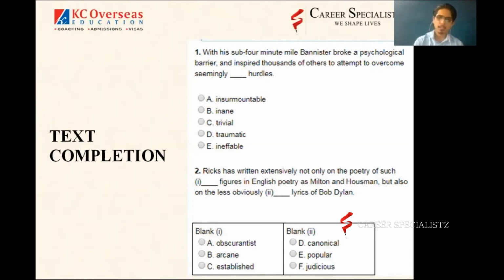The second type is a multi-sentence, multi-blank question. Inside this, for each individual blank that you can see on your screen, you will have 3 answer choices, and out of those 3 you have to select one correct answer choice for each blank.